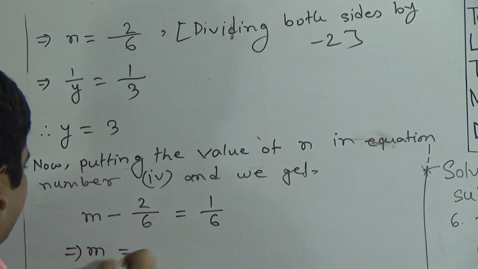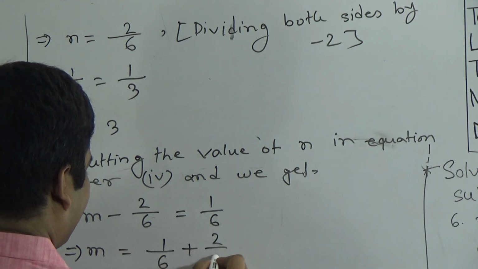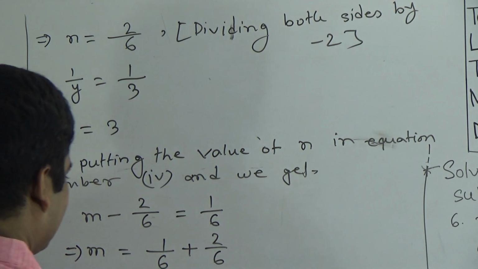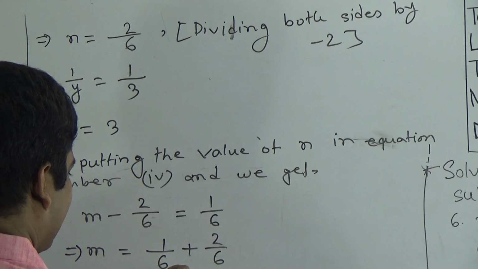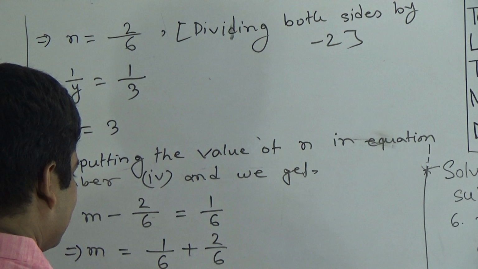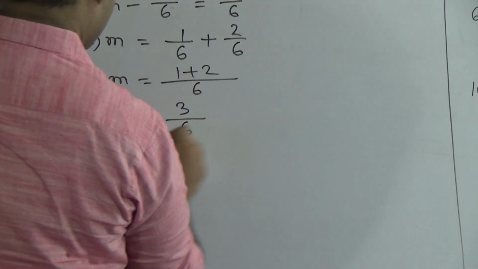Now m equal to, this sign changes its position, that means it goes to the right hand side and it will be plus 2 by 6. Now we do addition, 6 is the LCM and both denominators are the same, so we add 1 plus 2, that means m equal to 3 by 6.